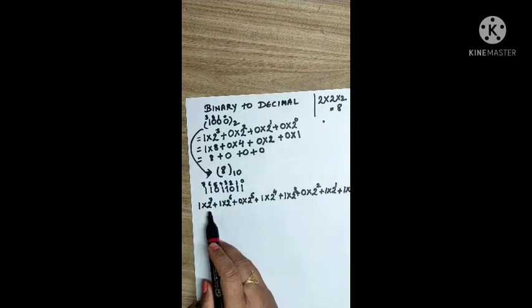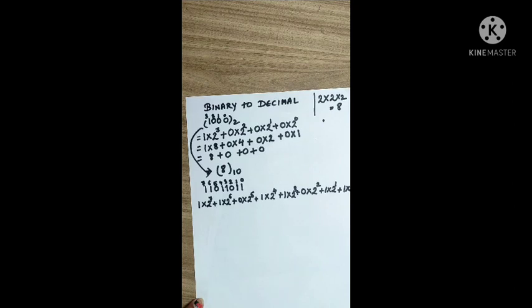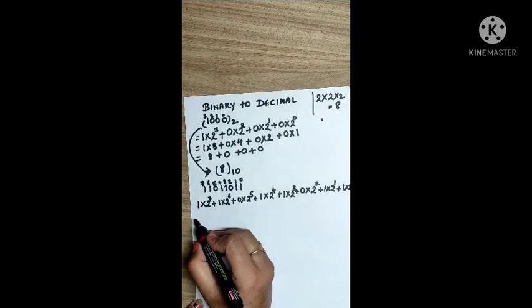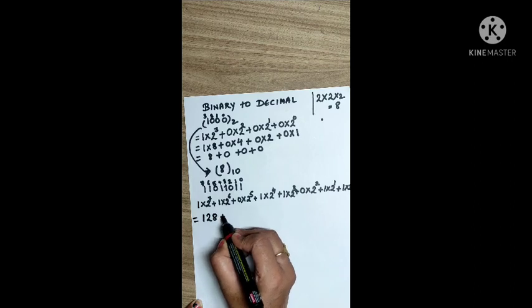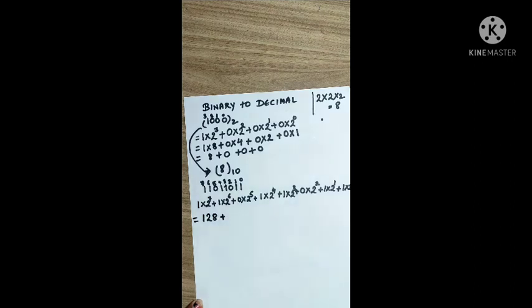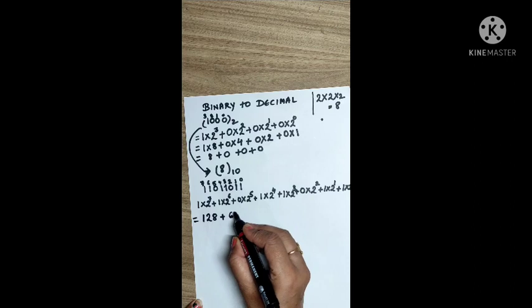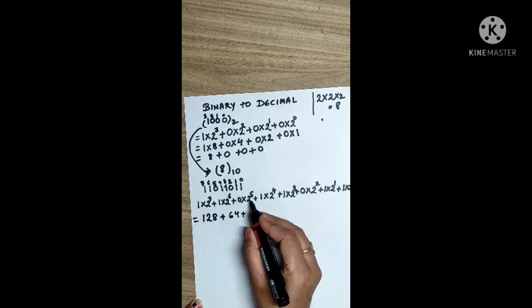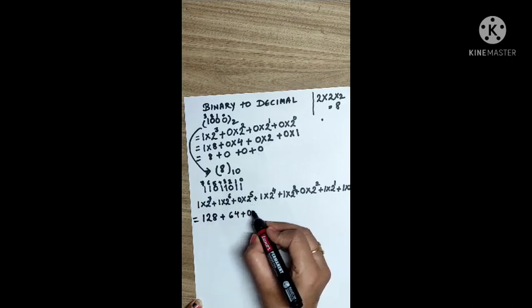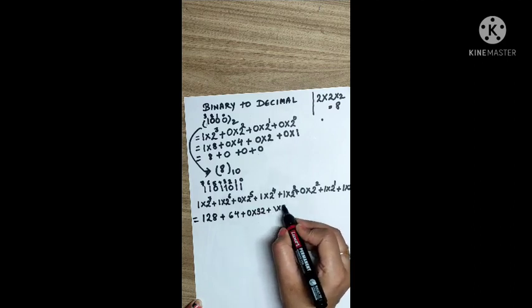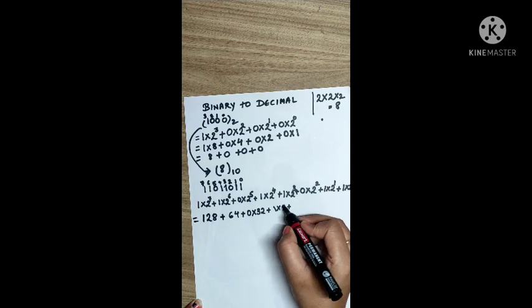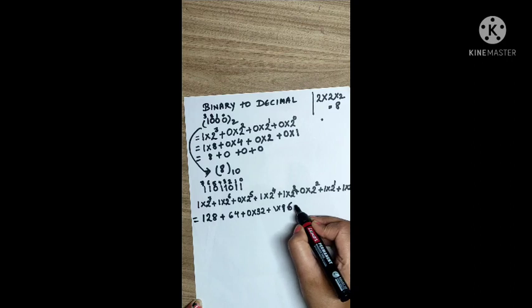Okay. Now solve this one. If you multiply 2 seven times, it will come 128. Plus, if you multiply 2 six times, it will come 64. If you multiply 2 five times, it will come 0 into 32 plus 1 into 16.